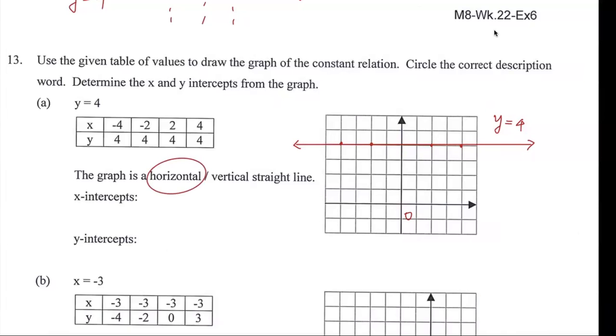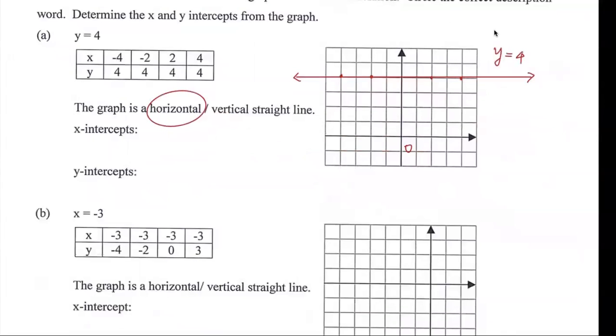What's the x-intercept? Remember what x-intercepts are? X-intercept is the intersection of the straight line and x-axis. These two straight lines are horizontal. Okay, two horizontal straight lines do not have any intersection. So that means x-intercepts for this specific straight line do not exist.